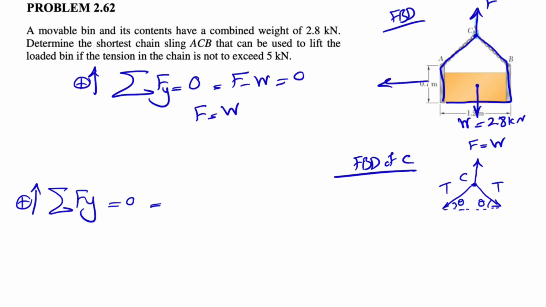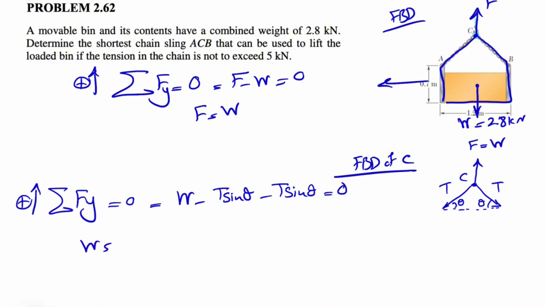So basically we have F, or W, minus T sine theta, which would be our y component. We are resolving our T into two components, x and y, and we have 2T. So we have W minus 2T sine theta is equal to 0.